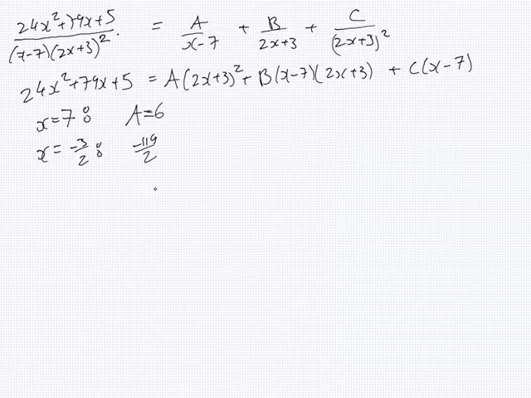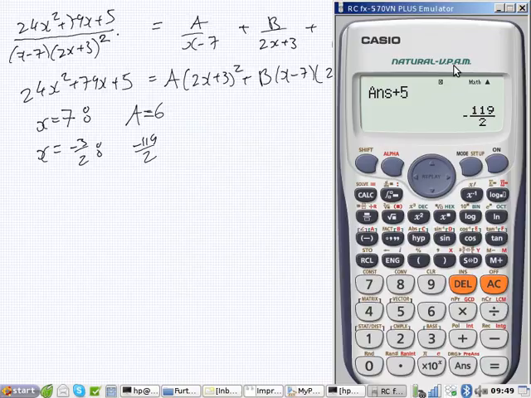And then we put minus 3 over 2, that's gone, this will give us C, minus 3 over 2 minus 7 here. So if I just divide this by minus 3 over 2 minus 7, I get C.